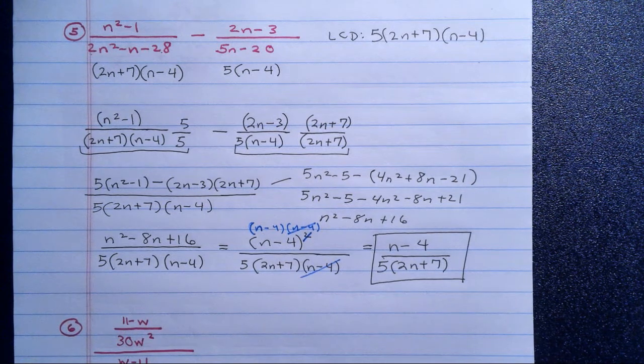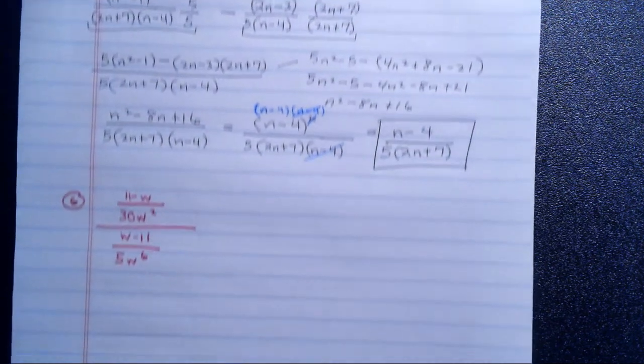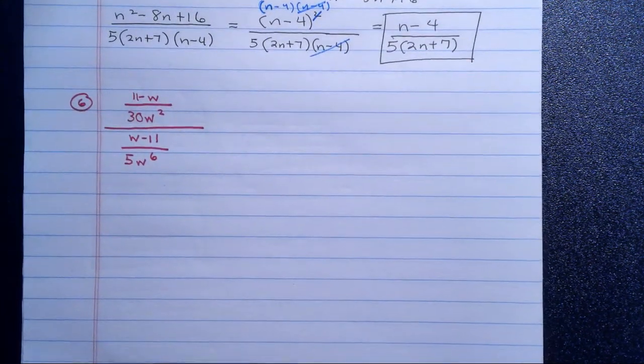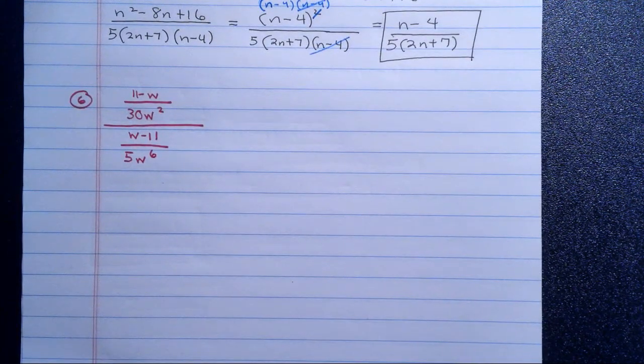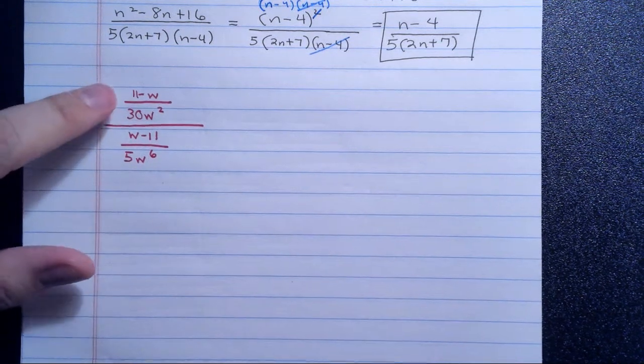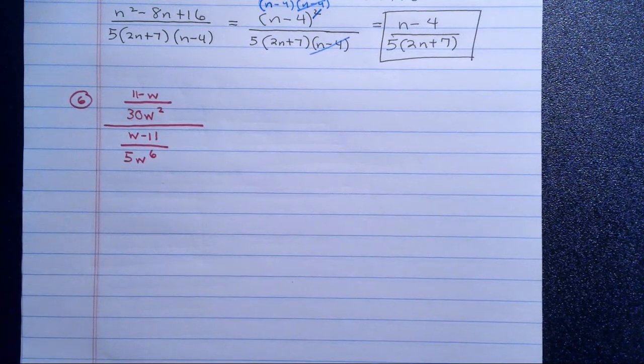All right. Let's move on. Let's go ahead and look at some complex fractions. Now, there are two types of complex fractions that you could potentially see. This one is taken from an actual SOL, and what we see here is this complex fraction is actually one fraction over another.